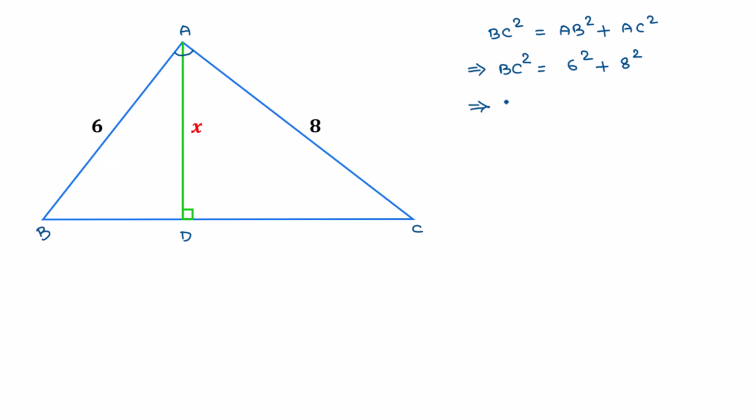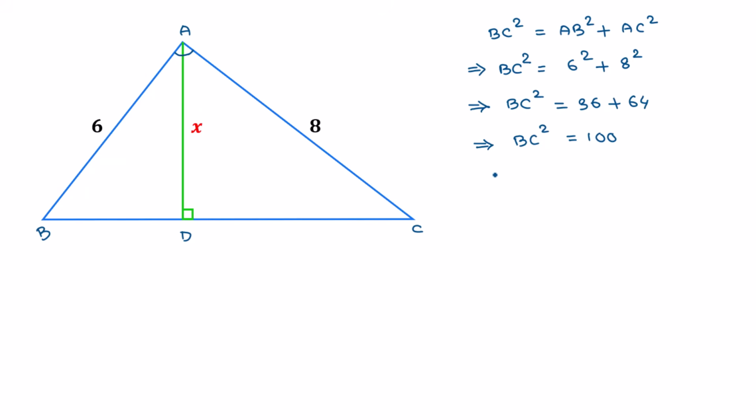BC square is equal to 6 square, which is 36, plus 8 square, which is 64. So BC square is equal to 36 plus 64, this is 100.